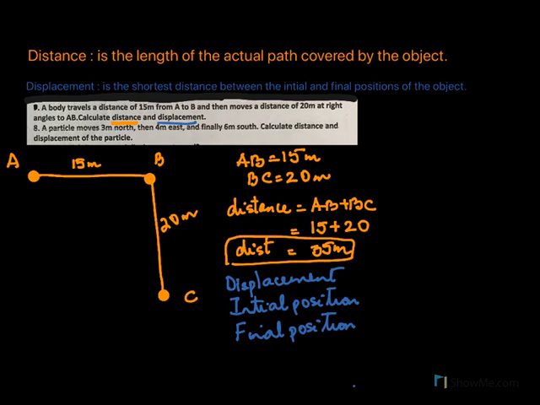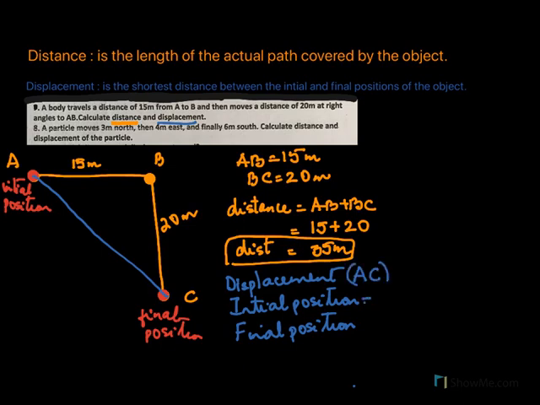So in this case, the initial position is A. It started off at A, and this is the final position. It ended up at C. And the distance between here, this AC, not AB, AC will give you the displacement. So AC gives me my displacement. Initial position A, final position C.